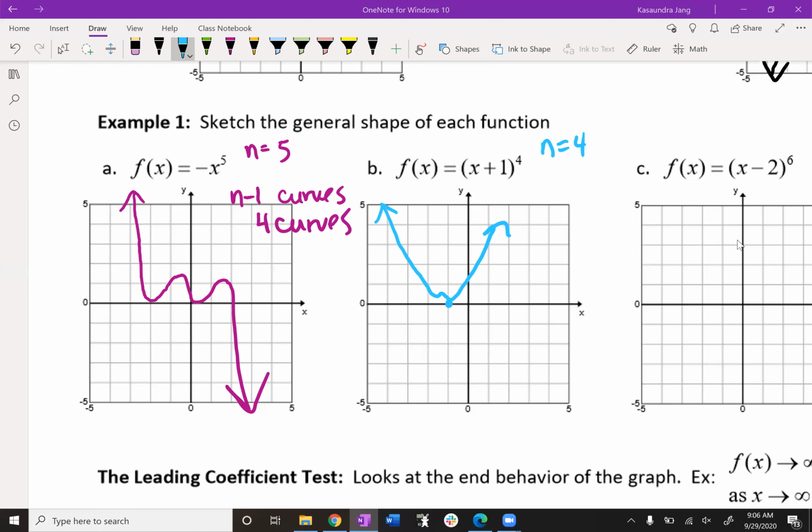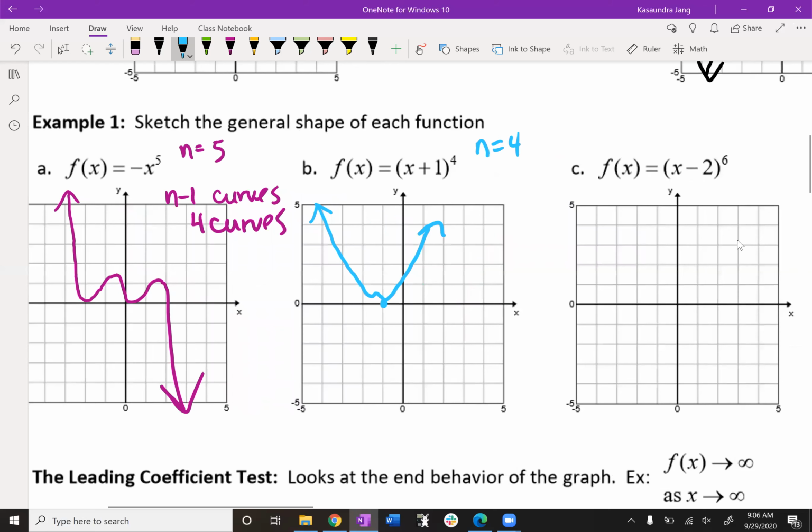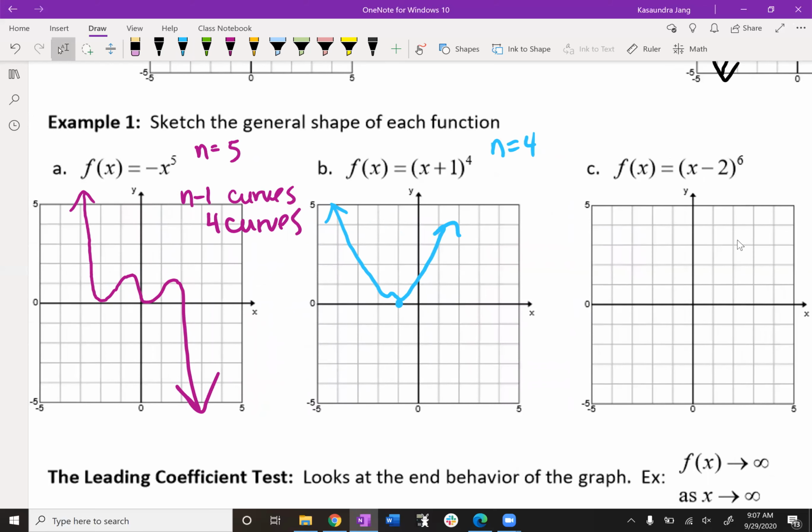So then for the next one, let's see here. All right, so Justin, what is the degree on part C here? 6. Okay, so does 6 mean that both ends will go in the same direction or the opposite direction? Same direction, good.